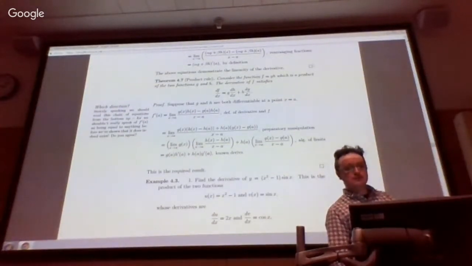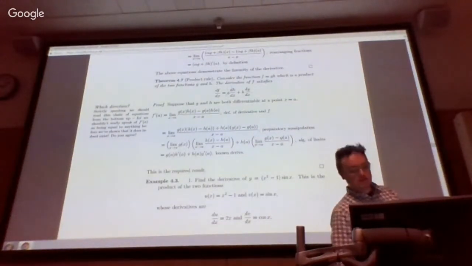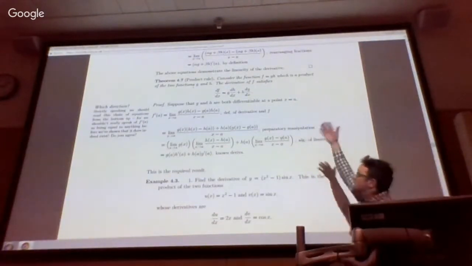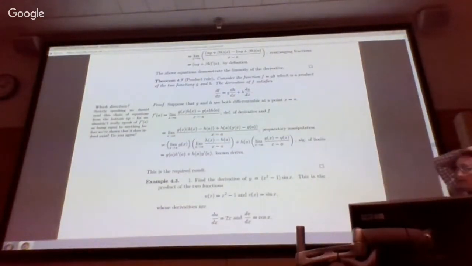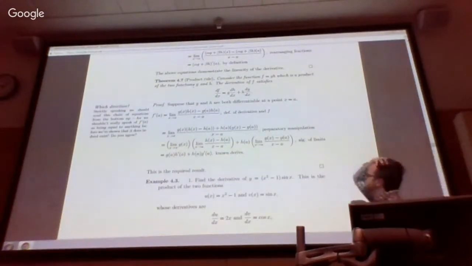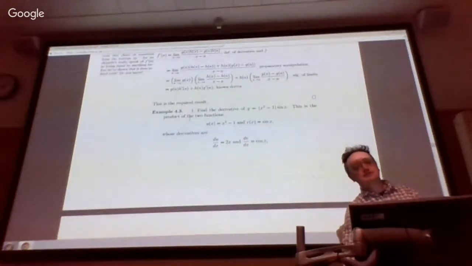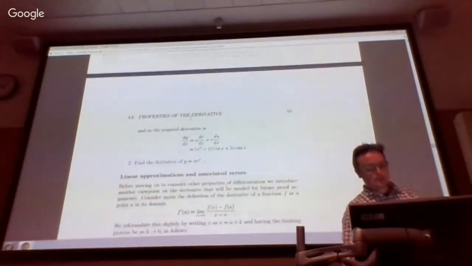So if f is the product function g times h, then the derivative of f is the product of the function g with the derivative of h, plus the combination the other way around, the function h multiplied by the derivative of g. Okay, and we can prove that using the limit definition of the derivative as well.